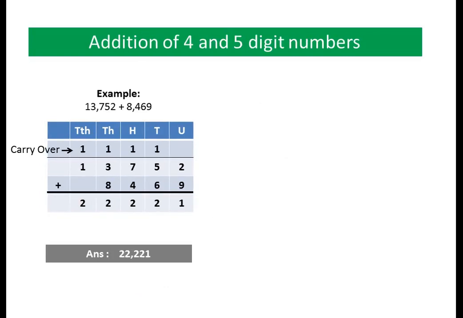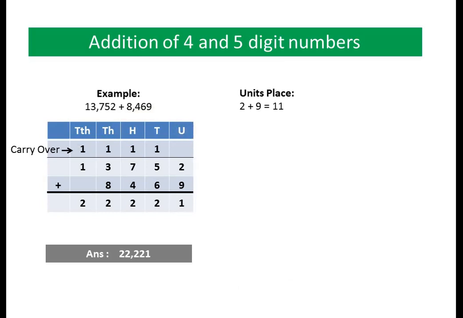Now let us learn the addition of 4 and 5 digit numbers. 13,752 plus 8,469. Always start the addition from units place. 2 plus 9 is equal to 11.